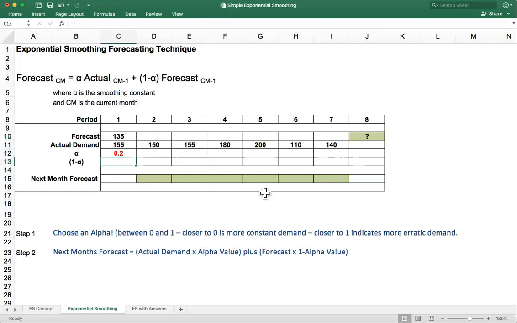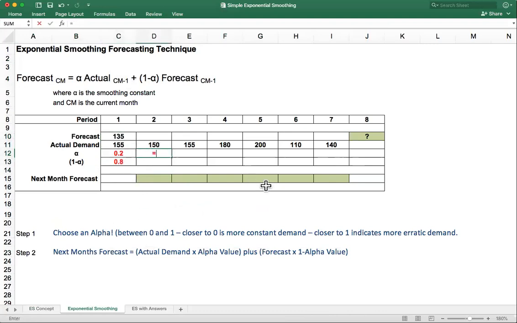So I'm going to simplify this and say that I need my 1 minus my alpha for my formula. I'm going to go 1 minus my smoothing constant. And of course, that is going to be 0.8. Okay, so I've got both the values that I can plug into my formula here. With just these, now I've got everything I need to figure out, okay?